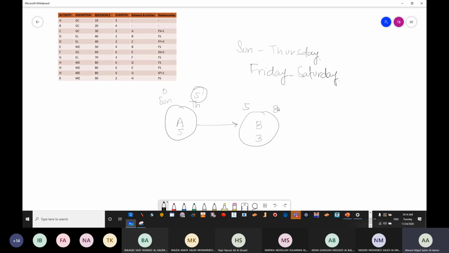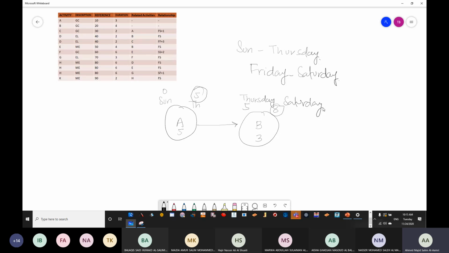Now, if you are taking that into account, it means that this is Thursday, and you are taking 3 days from Thursday: Friday, Saturday. So you are going to say that I'm going to finish on Saturday. Do you agree? This is as per whatever we have done in the area.